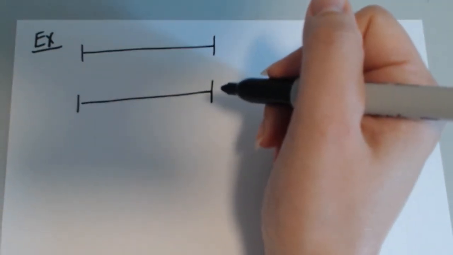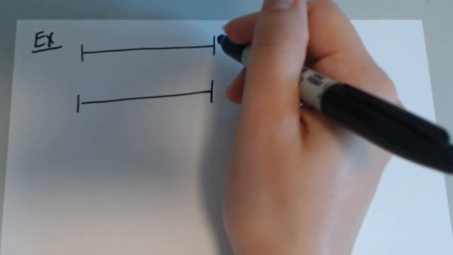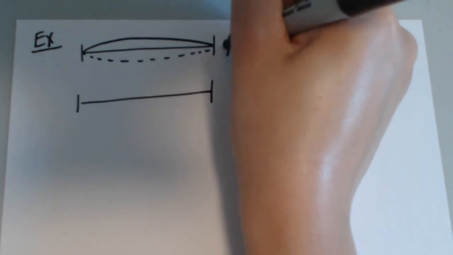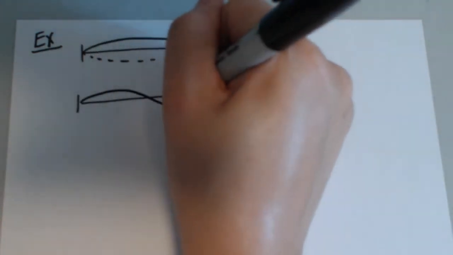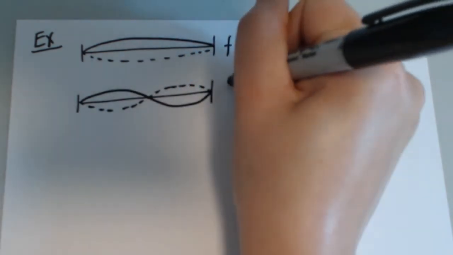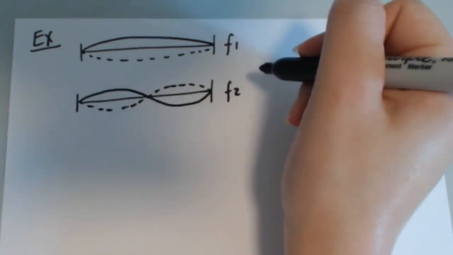Figure it out, work it out from scratch. So we've got a string, and it's vibrating either in one way or the other. So here's the fundamental, F1, and here's the next possibility. So this is the second harmonic, F2.